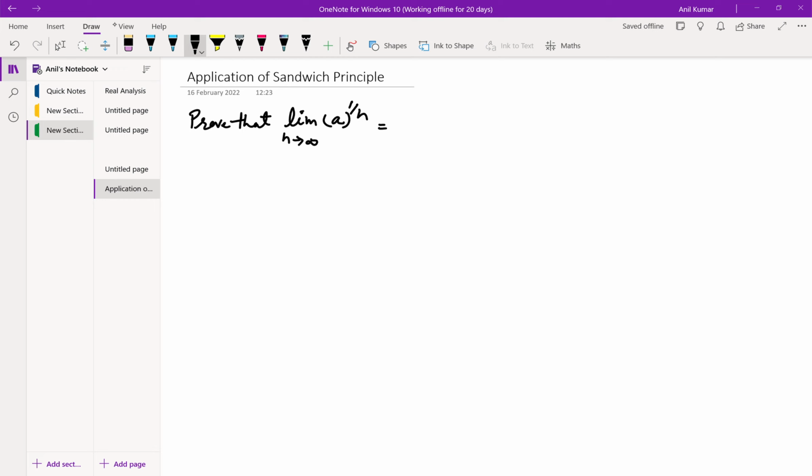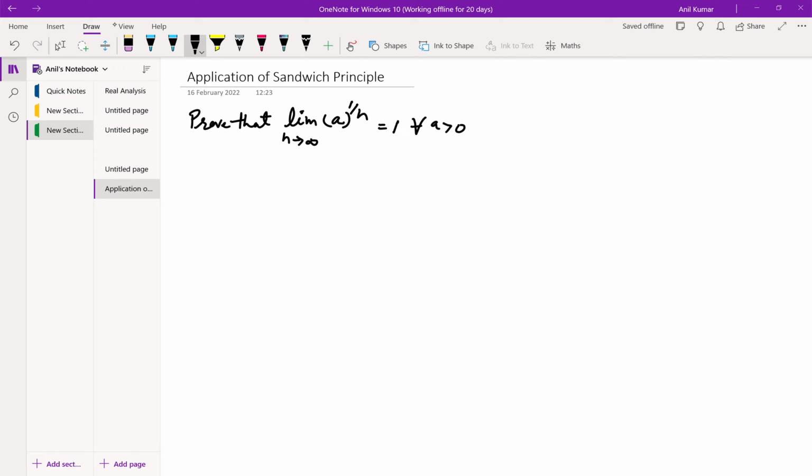This limit comes out to be 1 for every positive a. So we will show that the limit of this sequence is 1.